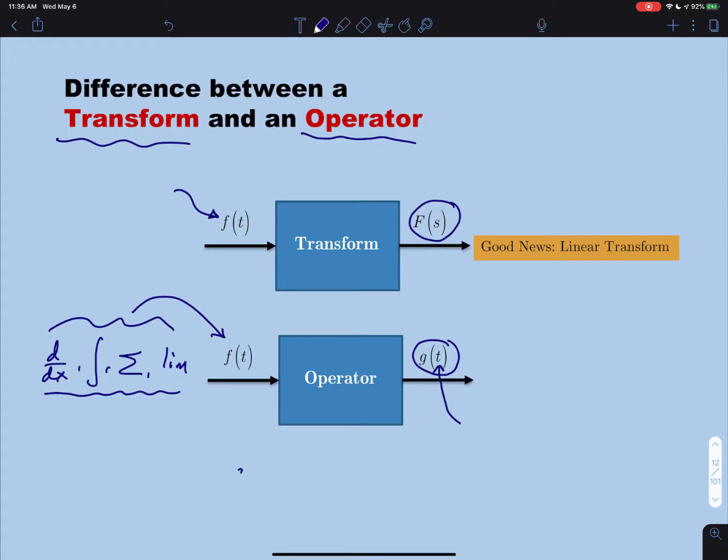If I take the derivative of f of t, then the result is some other function for sure, obviously, but it's still going to be a function of t. But if I find a Laplace transform of f of t, the result is going to be some other function for sure again, but it's not going to be based on t, it's going to be based on s, and that's the magic, and that's what makes the differential equation turn into an algebraic equation. That's just a gift of nature to mankind, and Laplace noticed it.